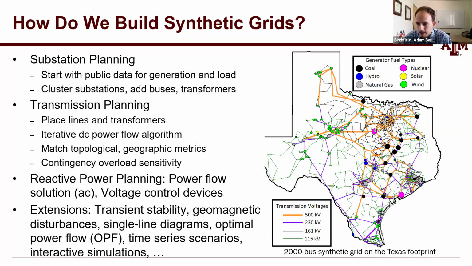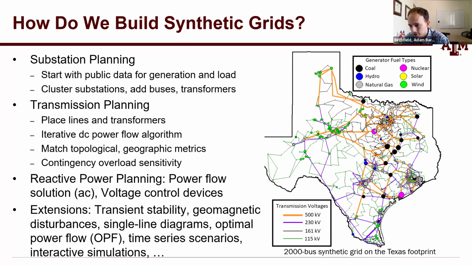And then the most complex part of this process is the transmission planning process, where we have an algorithm that I'm going to go through in this presentation to place the transmission lines and transformers so that we can connect the generation up with the load in a way that matches various metrics, both topological and geographic, as well as electric and engineering requirements for the network, and do this in a linearized DC sense, followed by a detailed AC power flow through a reactive power planning algorithm.